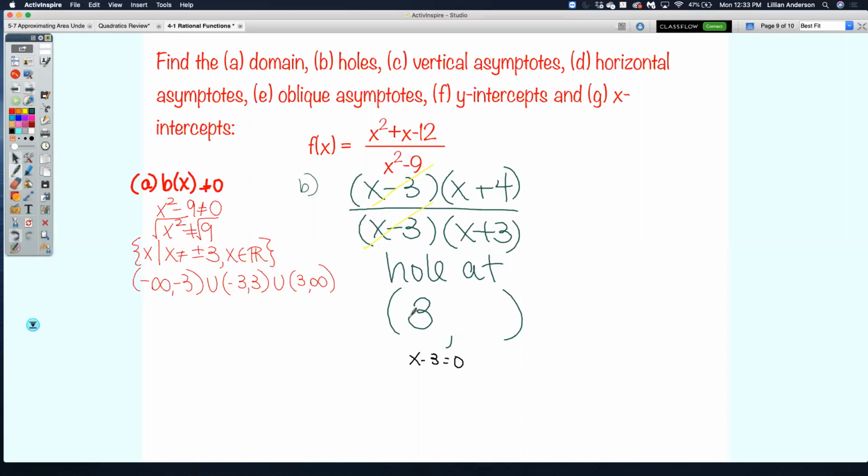I find the y coordinate by plugging that 3 into the simplified form of the rational function, which was (x plus 4) over (x plus 3). I'll plug that x value in. 6. So it'll be 7/6. So I have a hole at (3, 7/6).